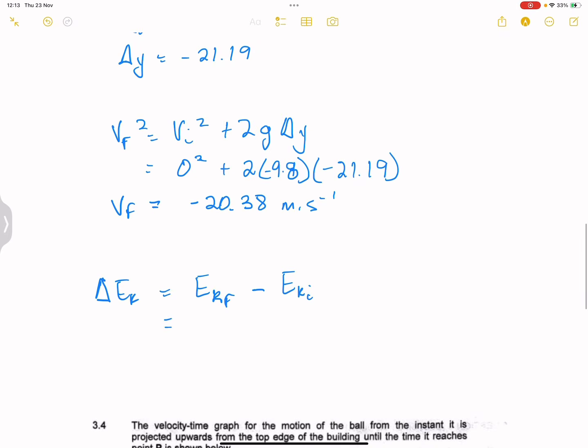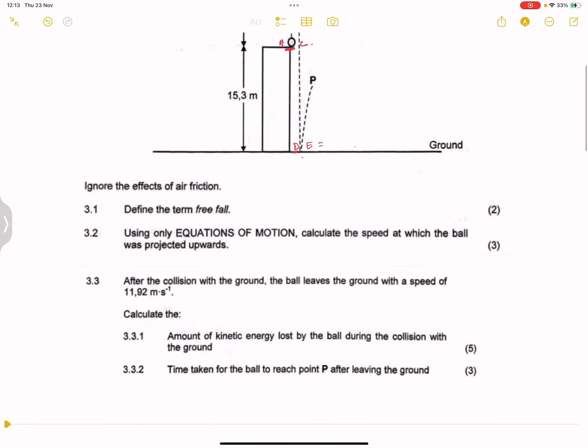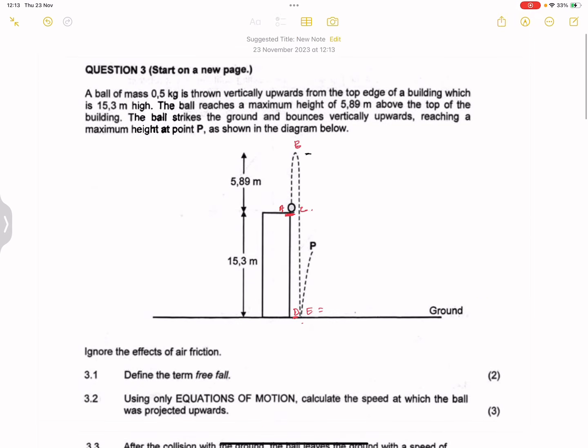This is before it touched the ground. So that's going to be half m times Vf squared minus Vi squared. So you should be very careful here. The mass of the ball, 0.5.